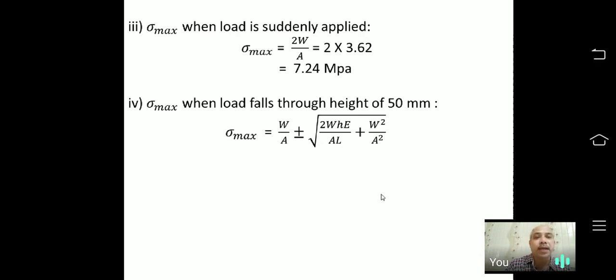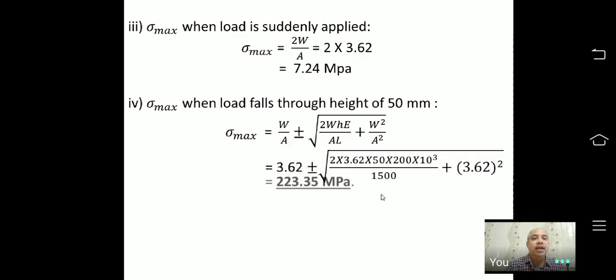So now we know W by A, we know H, we know E, we know L, A, and substituting these values in the equation of sigma max, I will get value of sigma max due to impact load, and that is dropped from 50 millimeter, and we have this value sigma max 223.35 MPa, and that will give us problem that is related with your strain energy. So we have these three types of problems: one gradually applied, second suddenly applied, and third impact.